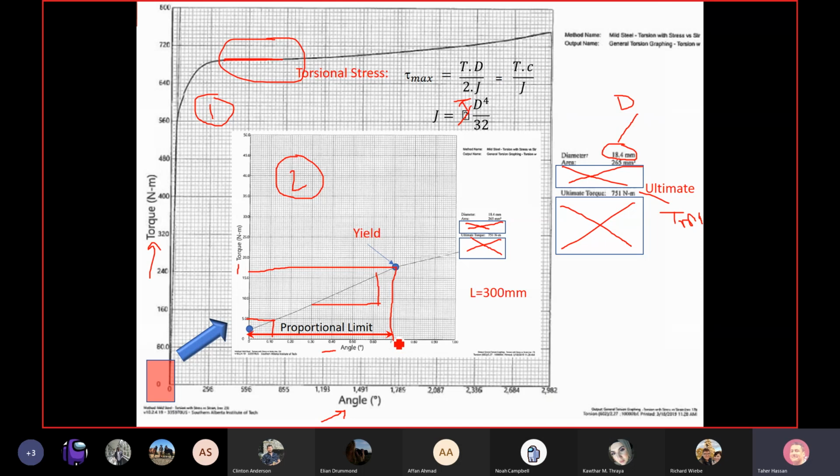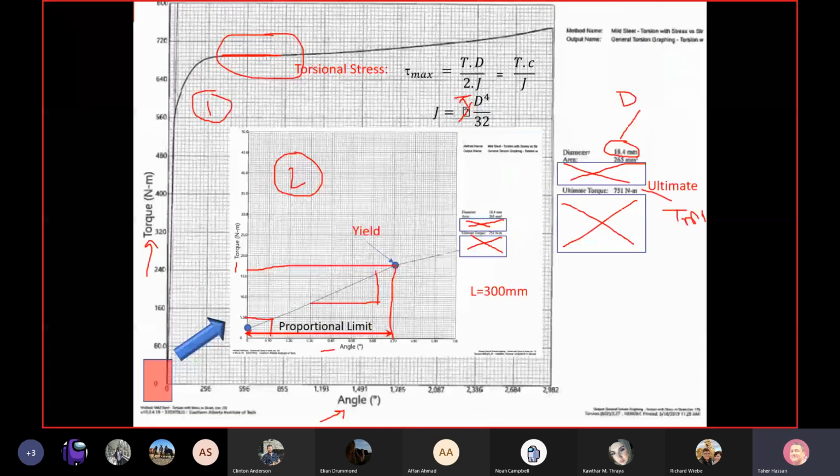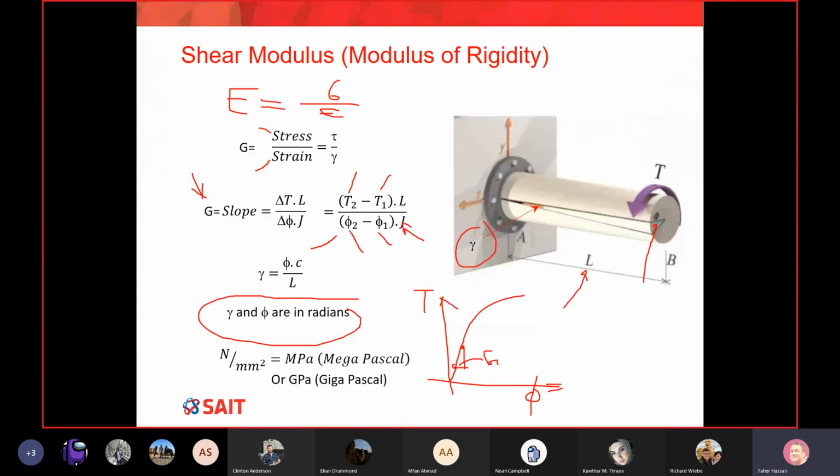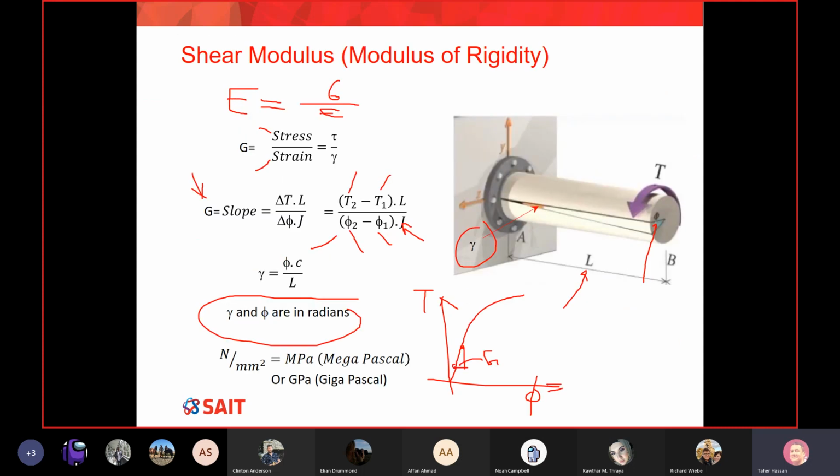So you take the 0.7. If I zoom in here, for example, the phi 2 is 0.7 degrees. And 0.7 degrees, you must multiply, watch this, to turn your angle into radian, you must multiply the angle in degrees by pi divided by 180 to find your angle in radian.